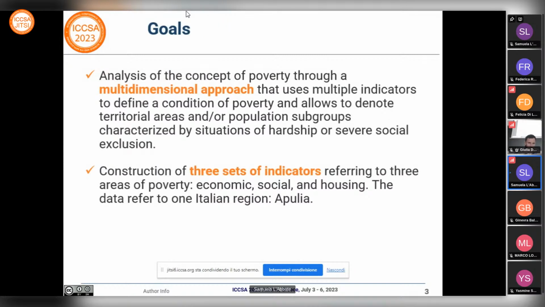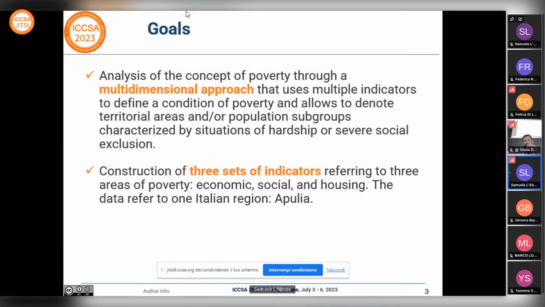The paper analyzes the concept of poverty through a multidimensional approach that uses multiple indicators to define a condition of poverty and allows to denote territorial areas and or population subgroups characterized by situations of hardship or severe social exclusion. The data analyzed in this paper allowed the construction of 3 sets of indicators referring to 3 areas of poverty: economic, social, and housing.